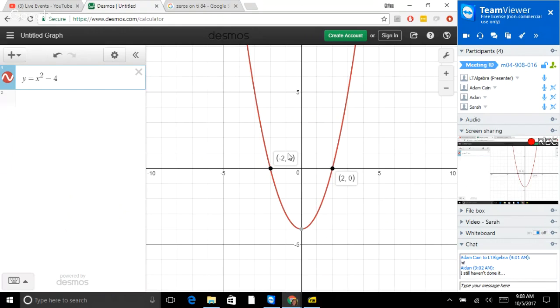It's where the function, or y, equals 0, the values of x that make our function 0. That's what we're talking about with the zeros. It's not when x equals 0 and what our function evaluates to. That's important too, because that's where our vertex is, right? But our zeros are where we cross the x-axis.